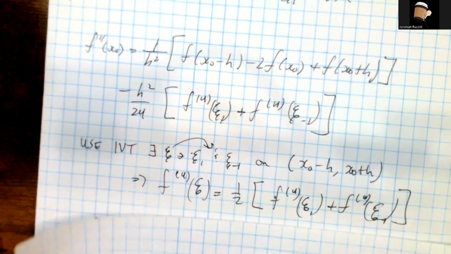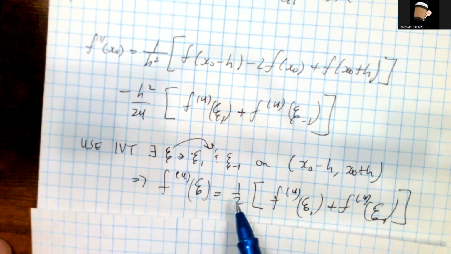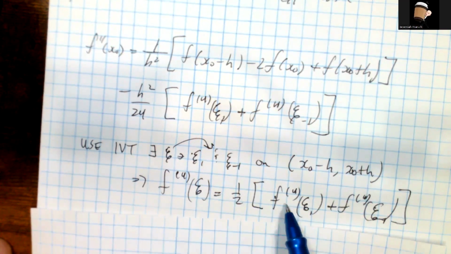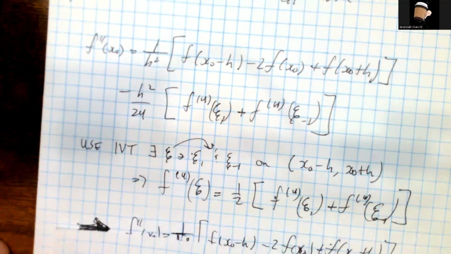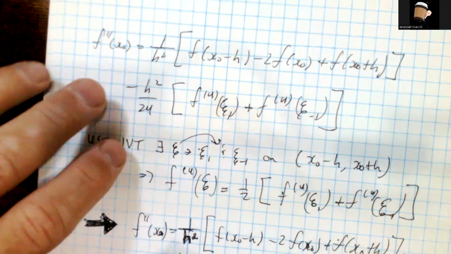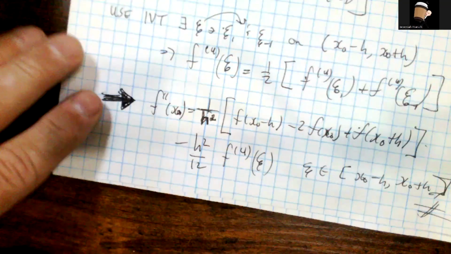Okay, and so if we do that, the fourth derivative evaluated at the point c is 1/2, the midpoint, if you will, of these two, which results in a really nice simplification here.